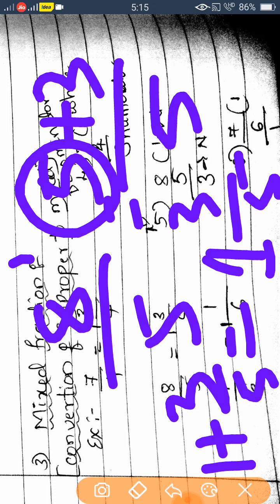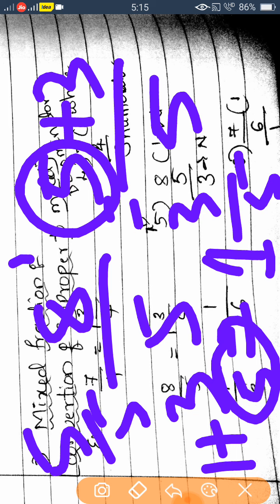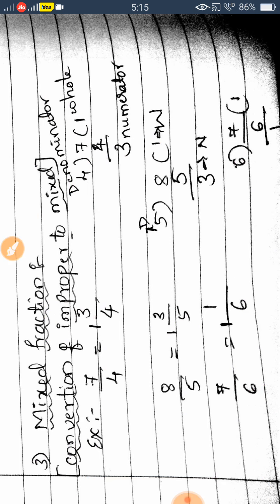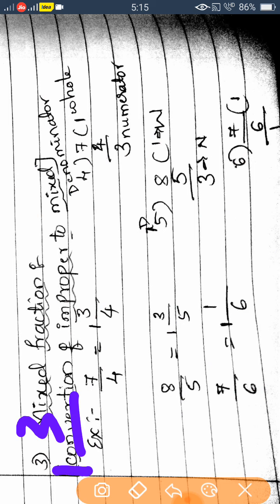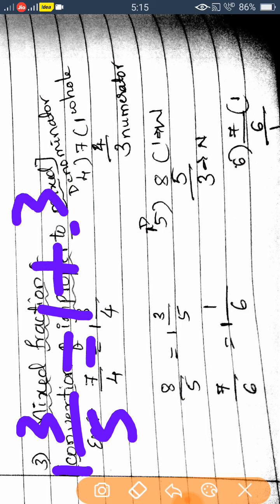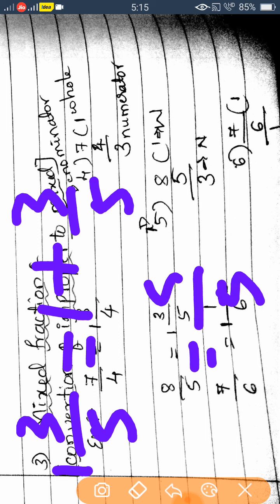Keep it in mind, that 1 we can also write as 5 by 5, because the denominator contains 5. So 1 whole and 3 by 5 we can write as 1 plus 3 by 5. That indicates 1 means 1 whole, out of 5 only we have taken.